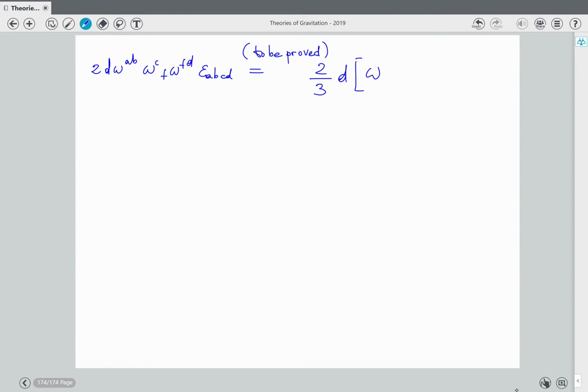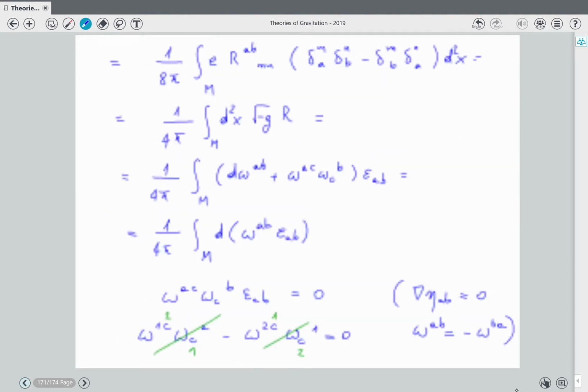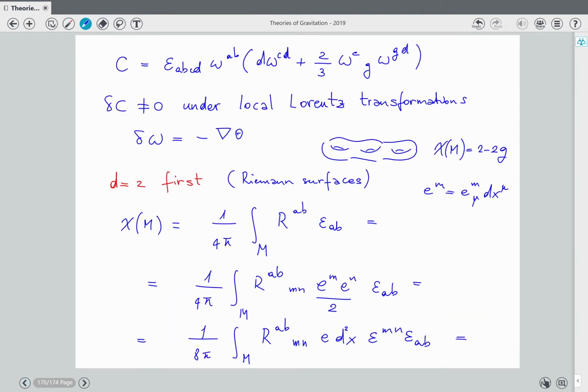Now we will check. This was omega AB, omega CG, omega GD, epsilon ABCD. Here it is, 2/3 omega AB, omega CG, omega GD, epsilon ABCD. So I want to prove that.